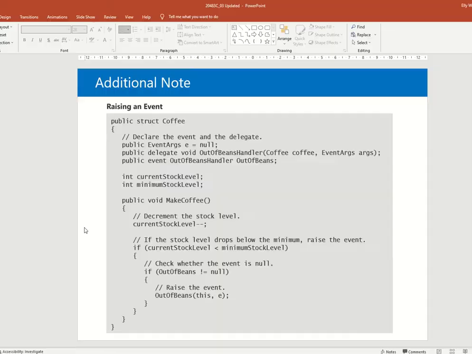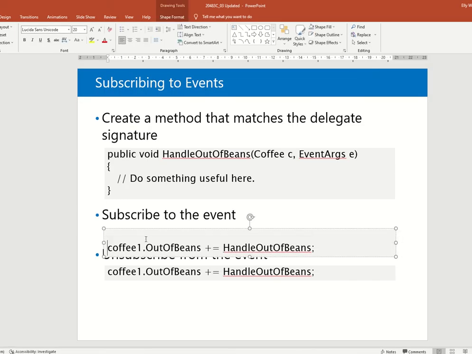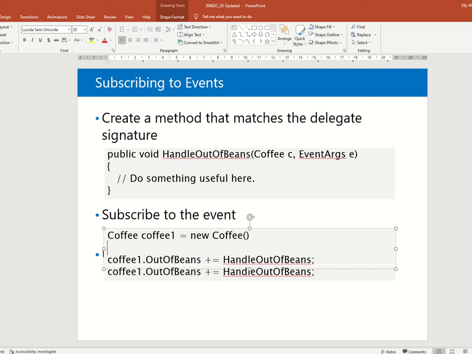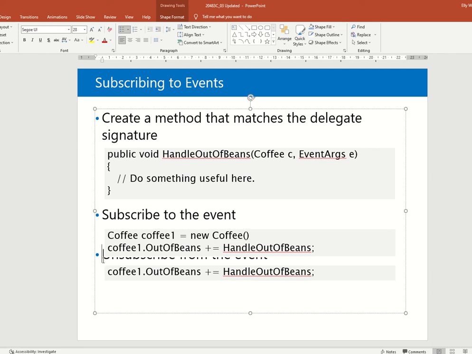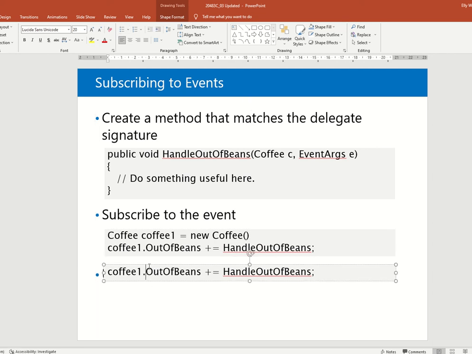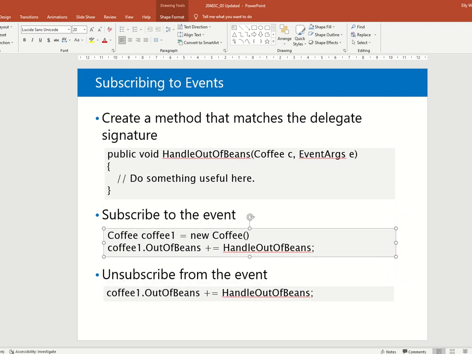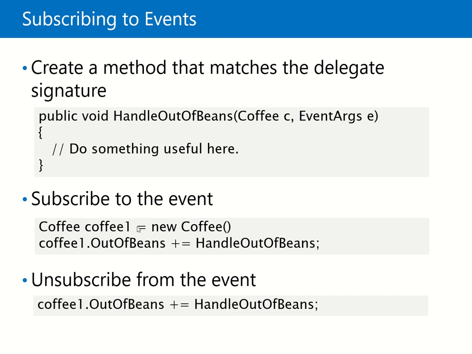Let's say we assume that somewhere there we already instantiated coffee one from the structure coffee, and then you subscribe to the event.